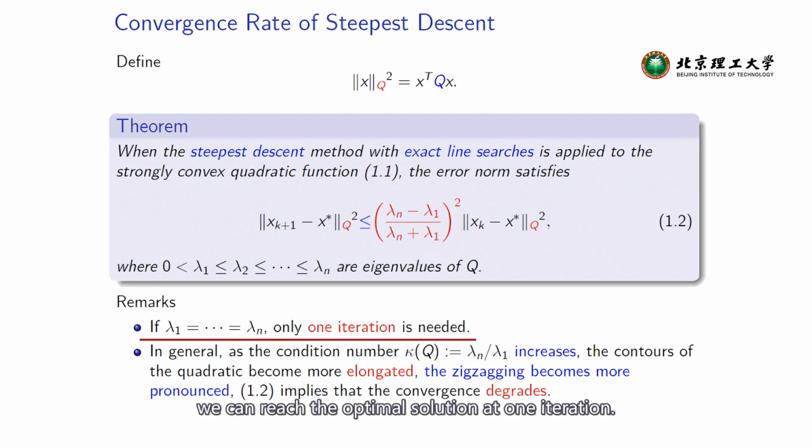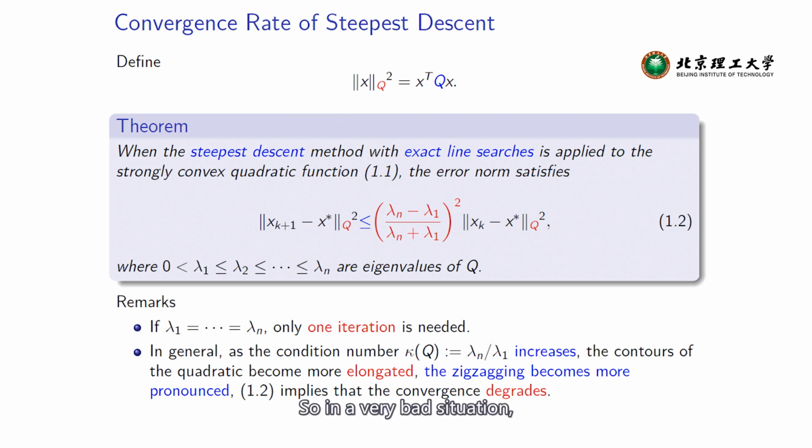In this case, we can reach the optimal solution in one iteration. However, in most cases, the lambda i's are different. In a very bad situation, if lambda n and lambda 1 are far from each other, then we may get a very slow convergence rate.